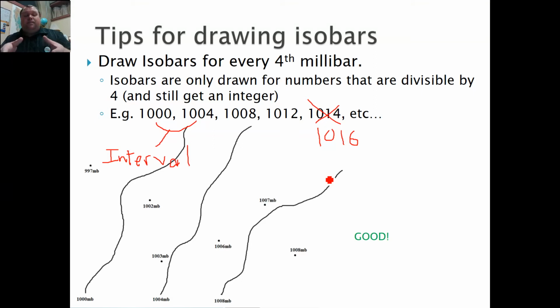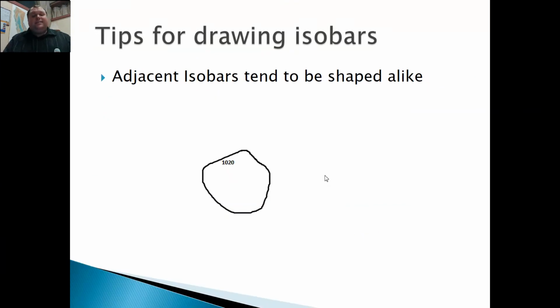So now, the next tip for drawing isobars is that chances are the pattern they form is going to be very similar to the isobars adjacent to them. And adjacent just means right next to. So for example, right here we have the 1020 millibar isobar.